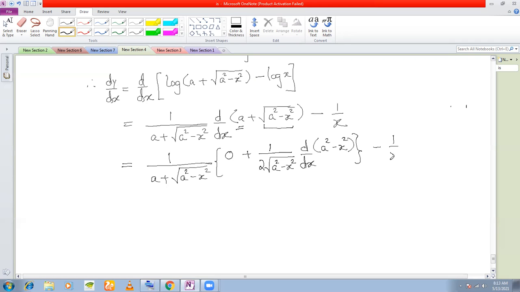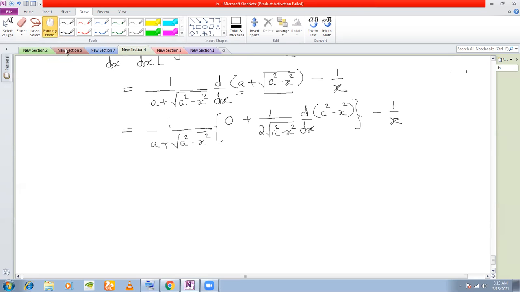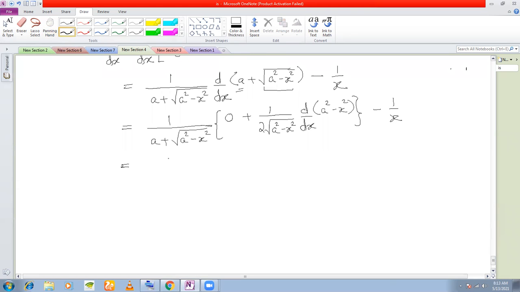So now I'll get 1 by a plus root over a square minus x square. And here, ddx of a square is a constant, so it will become 0, isn't it? Minus, what is ddx of x square? It is 2x. So you have 0 minus 2x, isn't it? So you can simply get a minus 2x. Do you agree? Yes, sir. Okay.